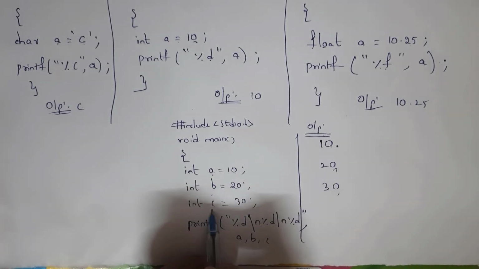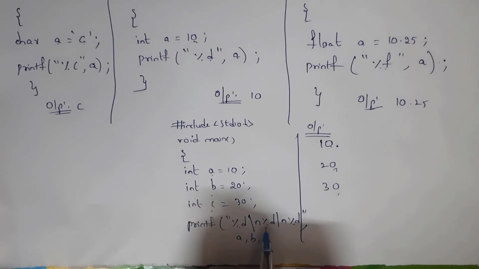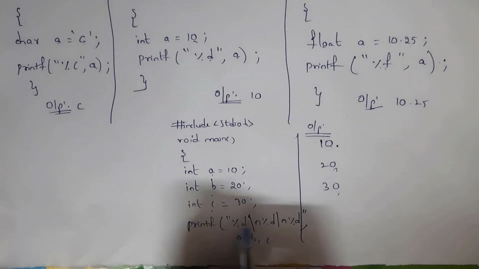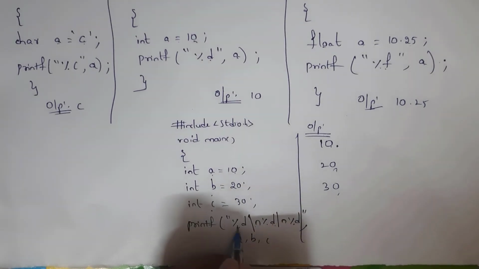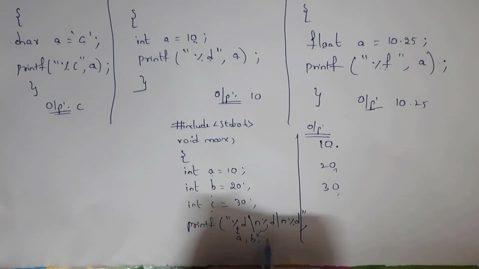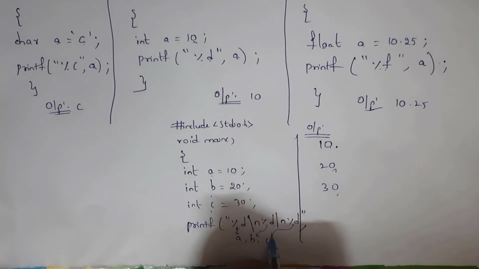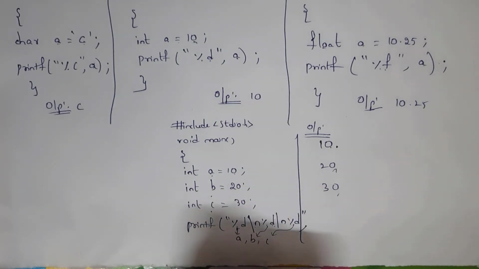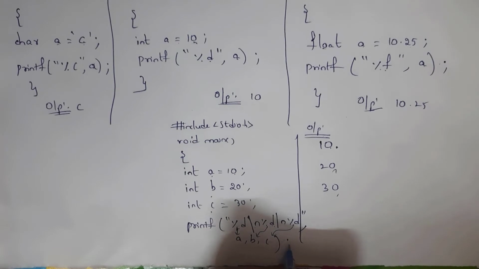So I took 3 format specifiers, %d \n, %d \n, %d, double quotations, comma. This %d is for variable a and this %d is for variable b and this %d is for variable c. So I took here a, comma, b, comma, c, close bracket, semicolon.